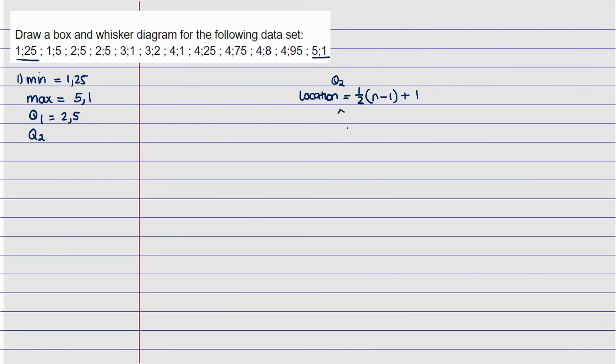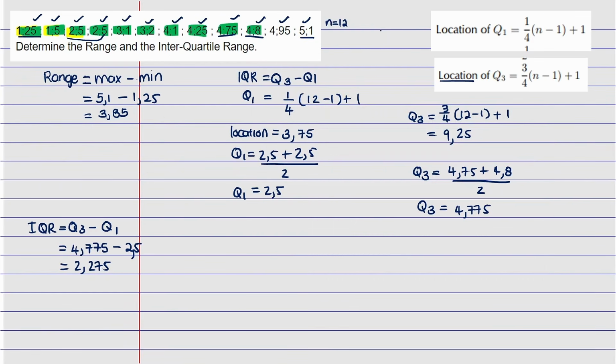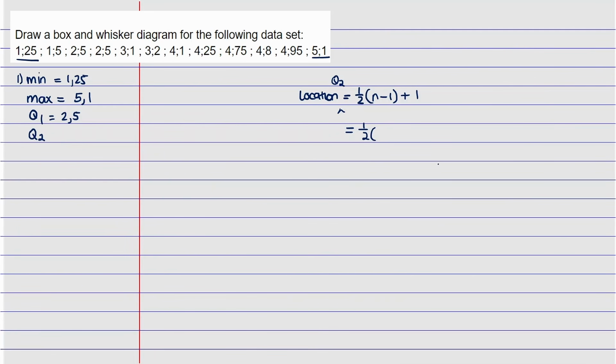So with this one, it's going to be equal to 1 over 2, open bracket. We know that n was equal to how many terms? 12 terms. So n is equal to 12. So it's going to be 12 minus 1, then plus 1, divided by 2. So your location is going to be 6.5.